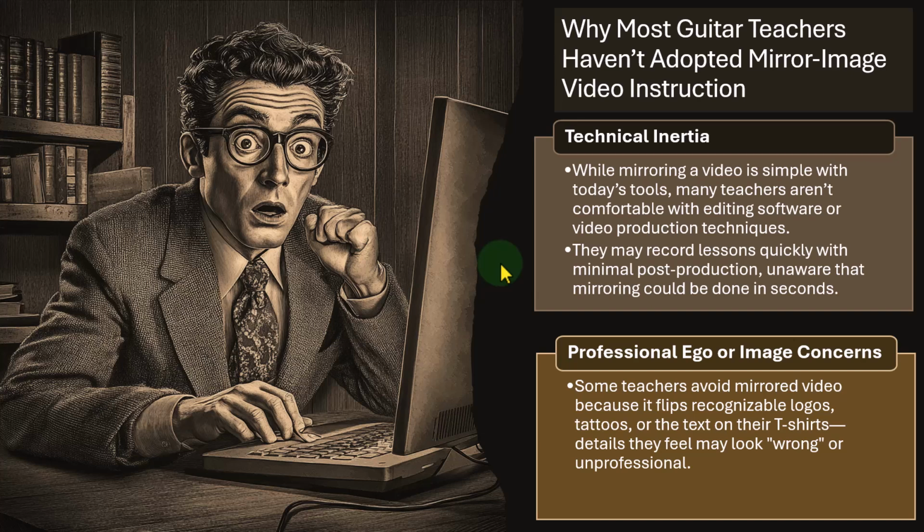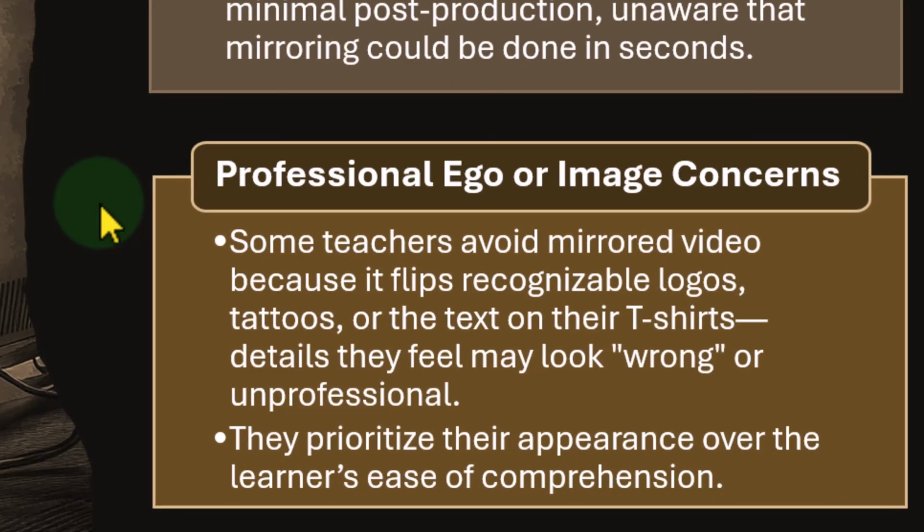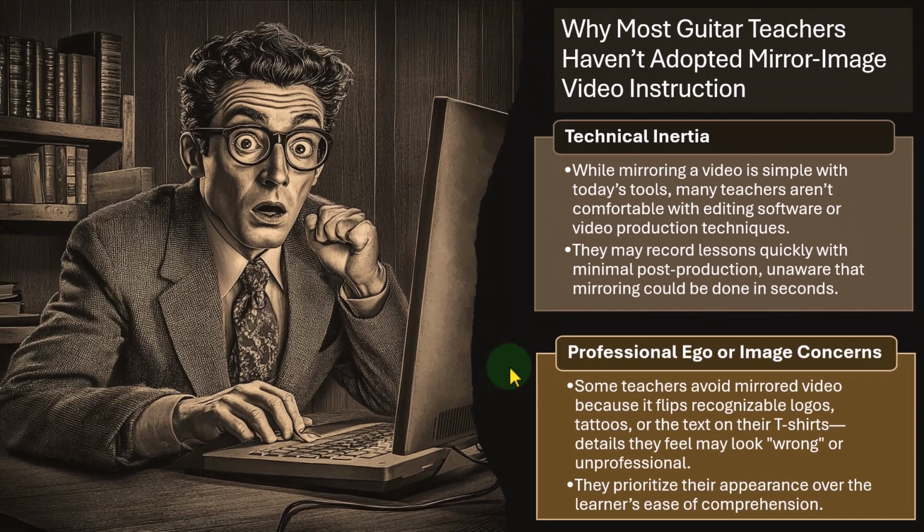His hat doesn't look cool the way it is, or something. So if you've got your cool T-shirt and your tattoos, and the words are backwards, that's not good. So they prioritize their appearance over the learner's ease of comprehension.